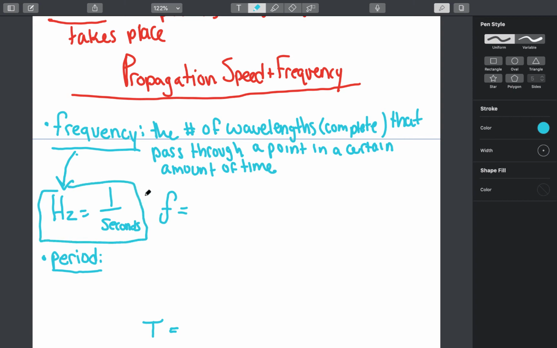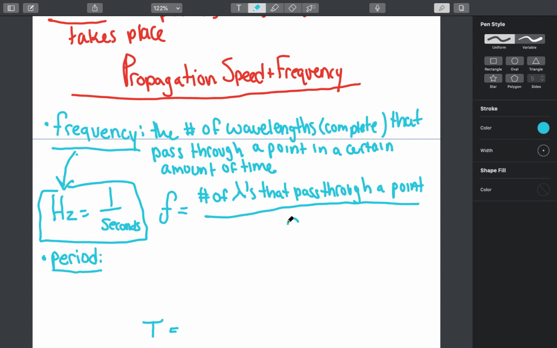So that is the unit for frequency, Hertz. You'll often see it in Hertz. So frequency is therefore equal to the number of wavelengths that pass through a point per second.